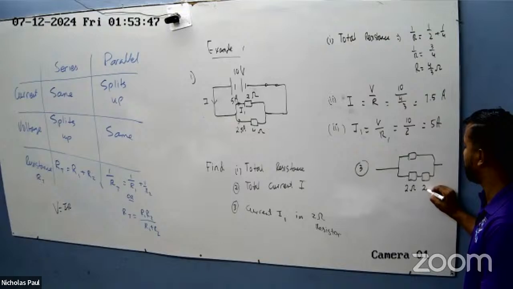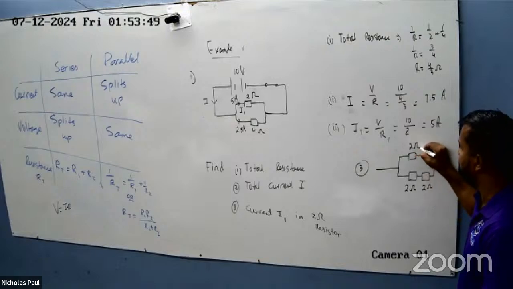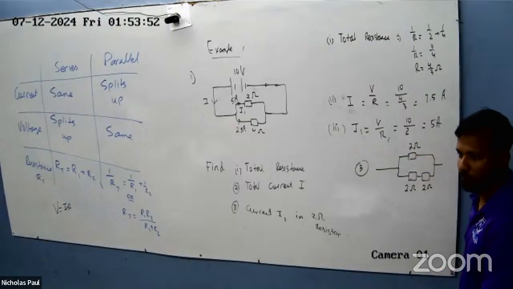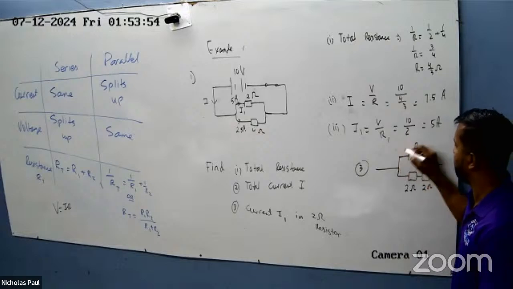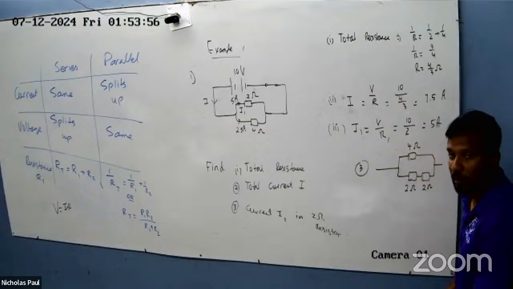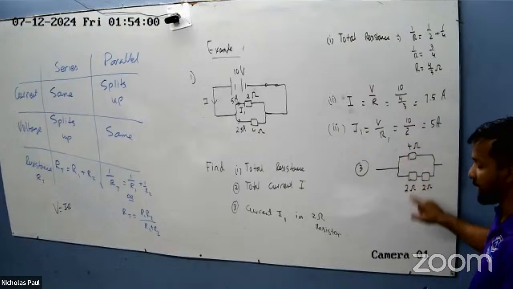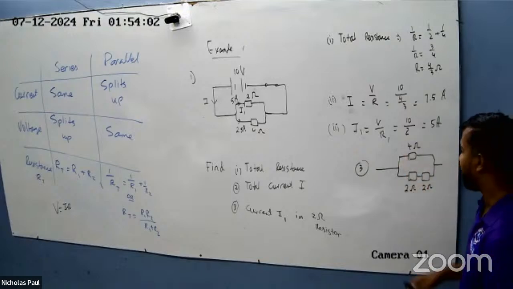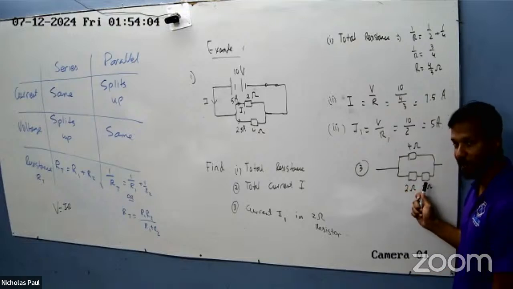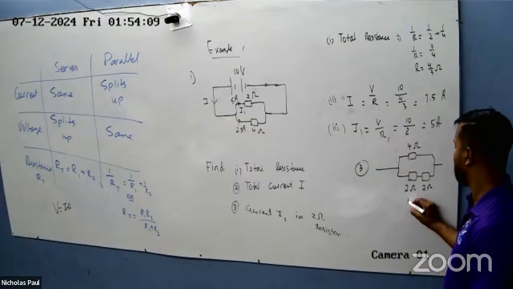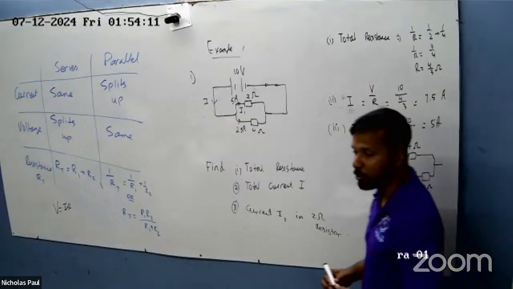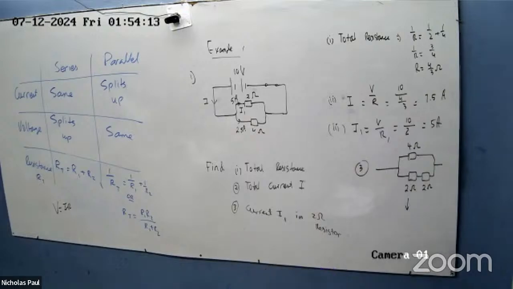This one is 2, this one is 2, this one is 2. All is 2. Now this one is 4. Find the total resistance for this little circuit. You have to figure out, are these two in series or parallel? Okay? Let me see you try it. I'm giving you 1 minute.